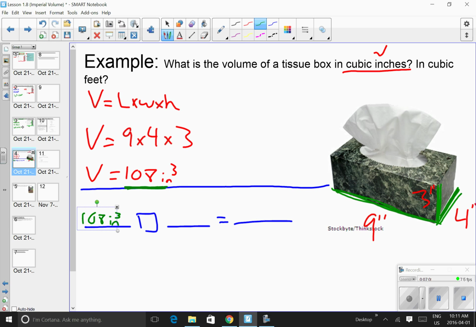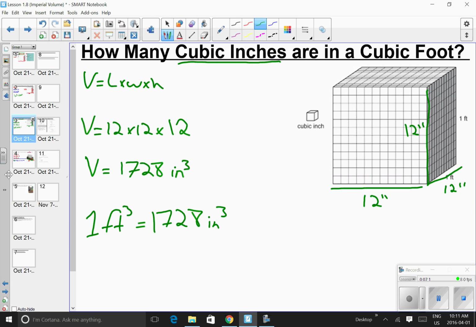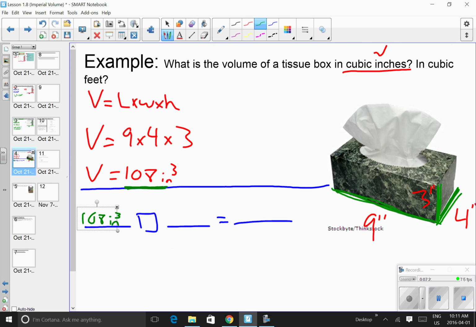So I know that there are 1,728 cubic inches in a cubic foot. And that's the number on your formula sheet, okay? Now I'm changing from cubic inches to cubic feet. So I'm changing from a little cube into a big cube.